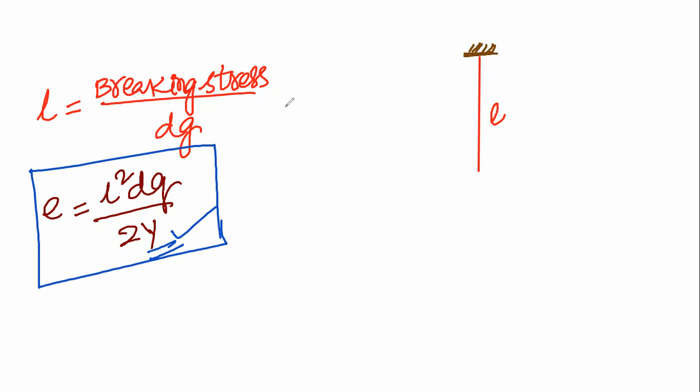Whenever a mass M is attached to a wire, there will be some extension. That extension is called the elongation e.